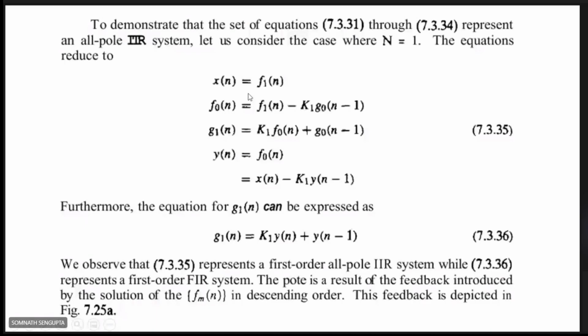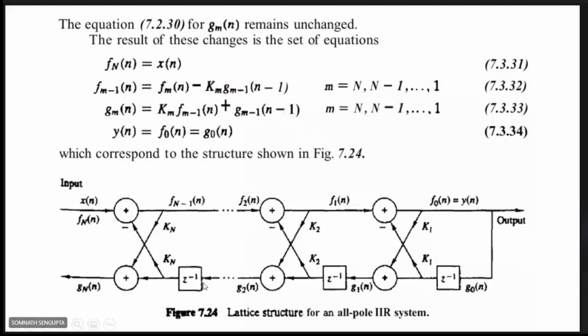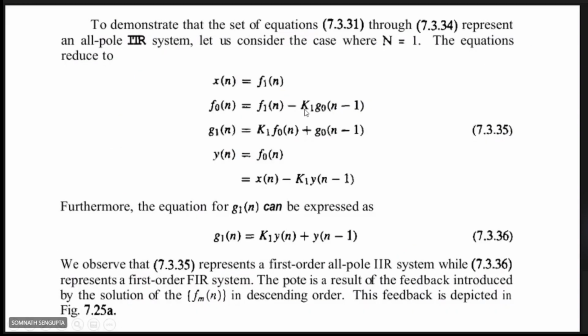xn is equal to f1n, and f0n is equal to f1n minus k1 g0 n minus 1, according to this equation. If it is f0, then it should be f1. So if it is f0, then it goes as minus k1 g0 n minus 1, then g1n is k1 f0n plus g0 n minus 1.